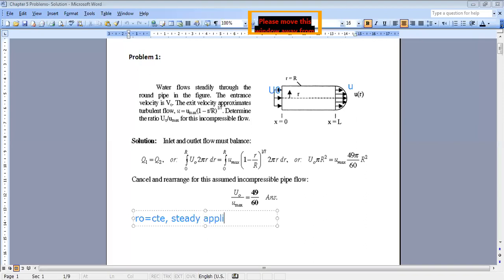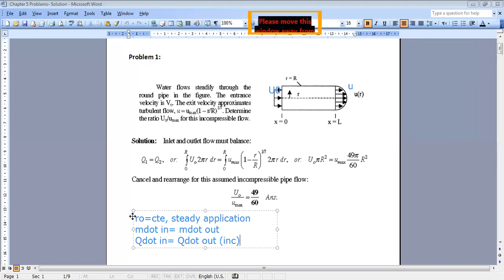Okay, so by applying continuity, I have that m dot in equals m dot out, and because it's incompressible, I can say that Q dot in equals Q dot out because of the incompressible flow.